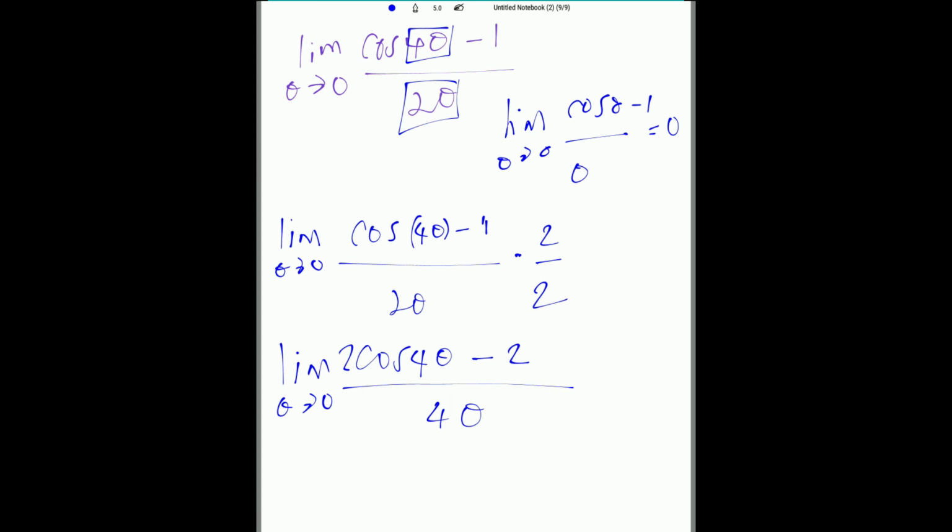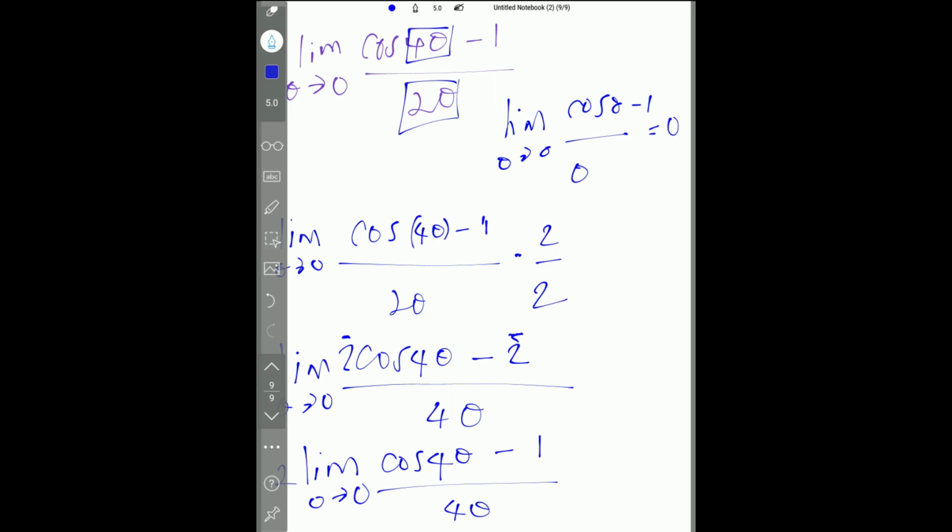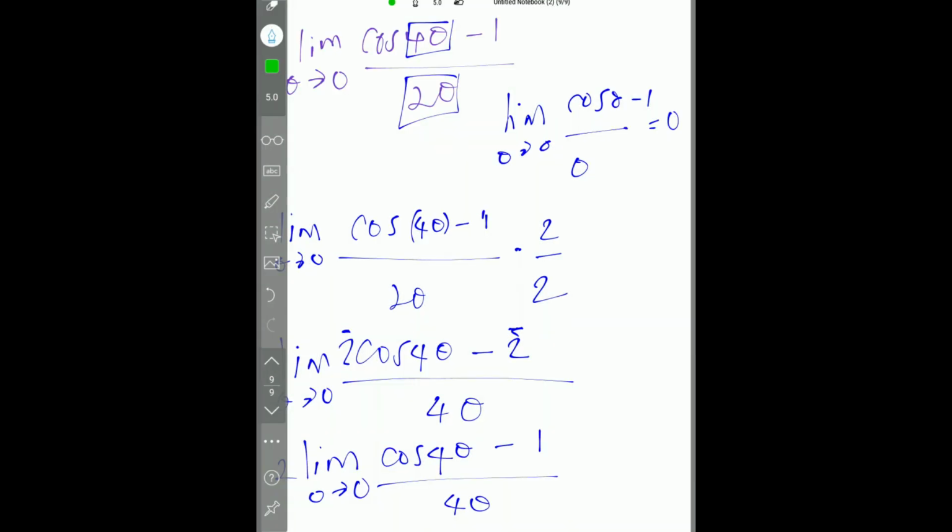But there's a 2 here and a 2 here. So what are we going to do there? All we need to do is just factor them out. So we'll end up with 2 times the limit of cos 4 theta minus 1 all over 4 theta as theta approaches 0. Let's make some more space.